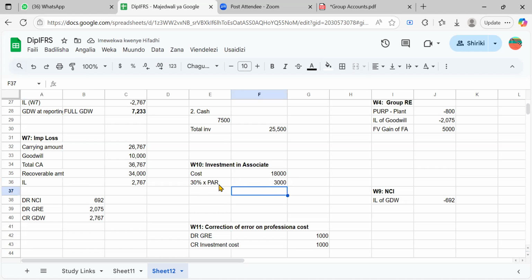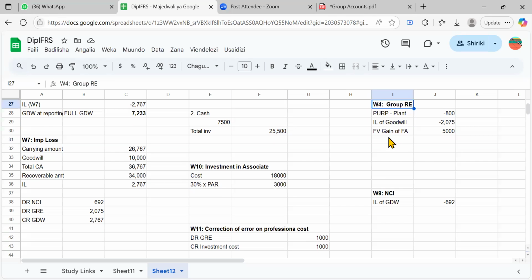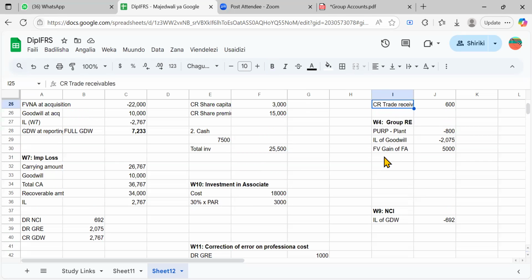Whatever you get on the increase here on investment in associate, whatever comes after the cost, you have to note this: it should also go to group equity. Since this figure wholly came from retained earnings, it should be reflected in the group equity, but specifically in group retained earnings.